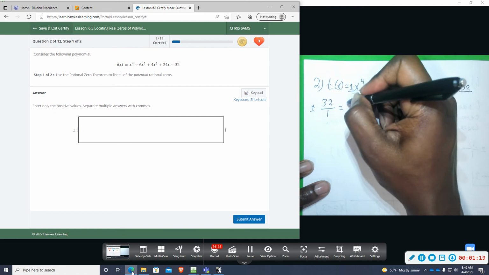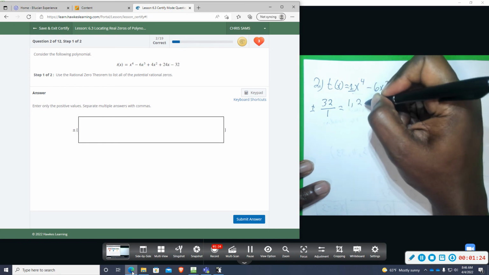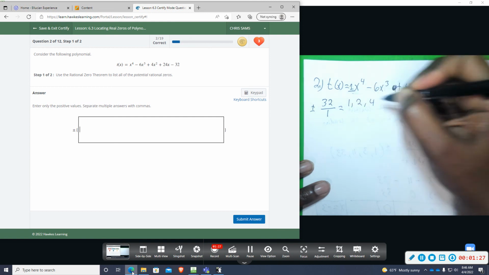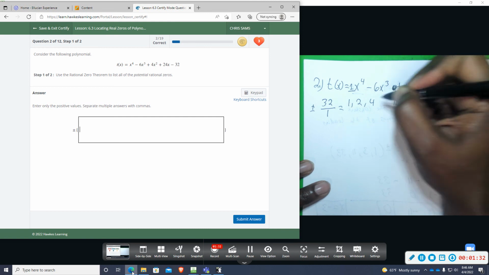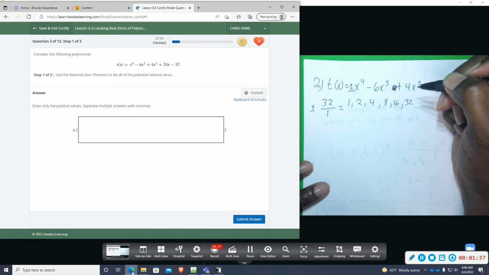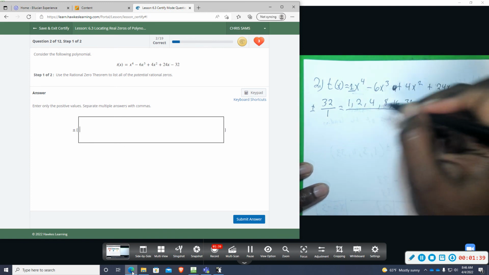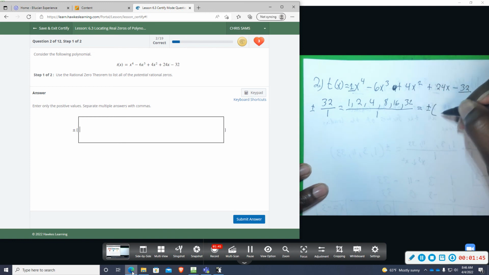I'm going to list all the factors of 32: 1 and 32, 2 and 16, 4 and 8, and that should be it. And then on the bottom, the only factor of 1 is just 1. So my completed list, positive or negative, 1, 2, 4, 8, 16, 32.